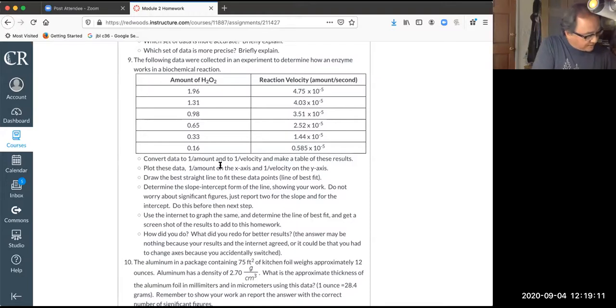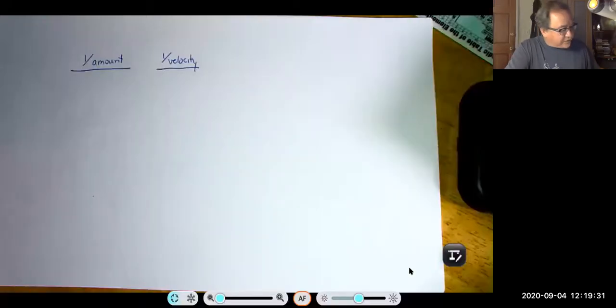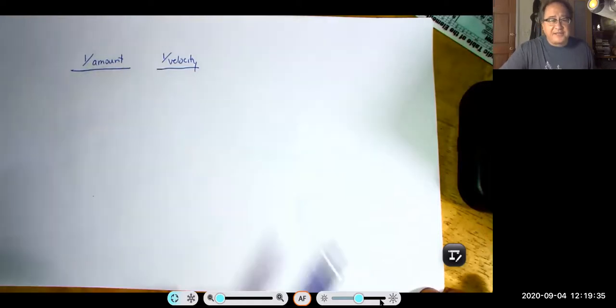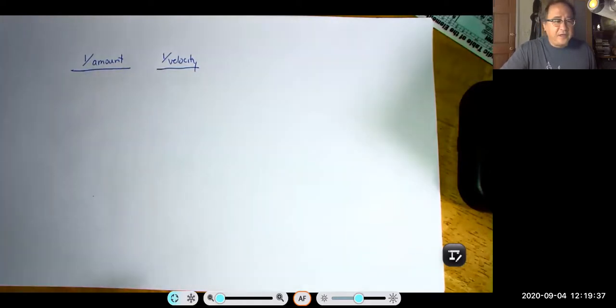Here, I'm going to change my share in just a minute, and I'm going to share my Elmo. Okay, so this is what we're asked to do. Make a table of 1 over the amount and 1 over the velocity.